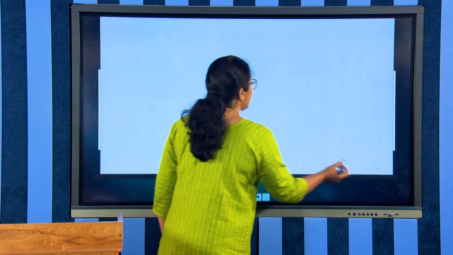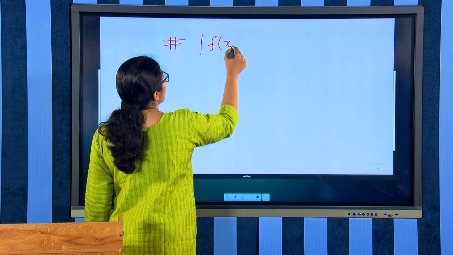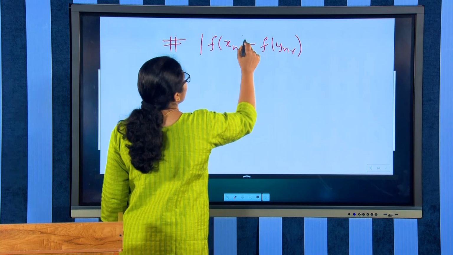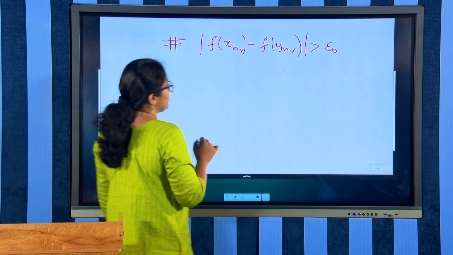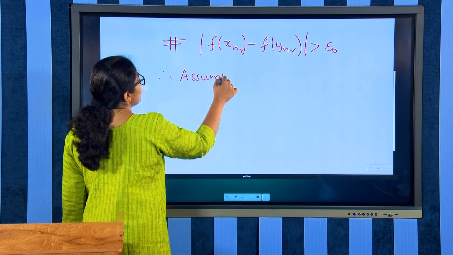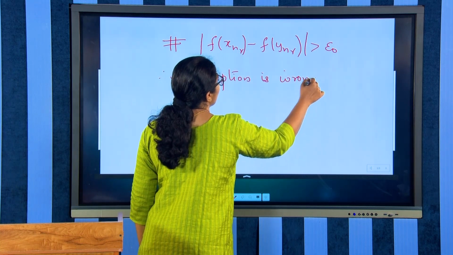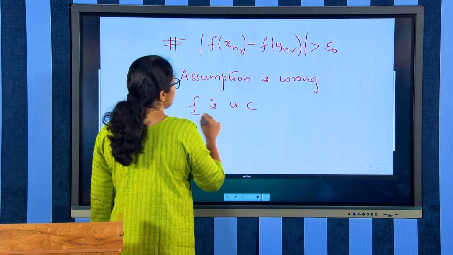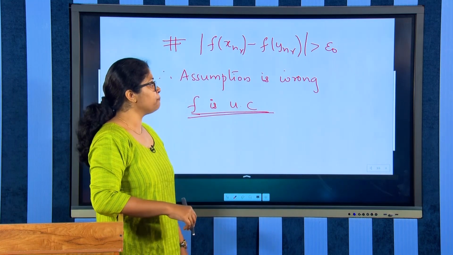So this is a contradiction. Hence our assumption is wrong. Therefore we cannot have f to be non-uniformly continuous, which forces our function f to be uniformly continuous.